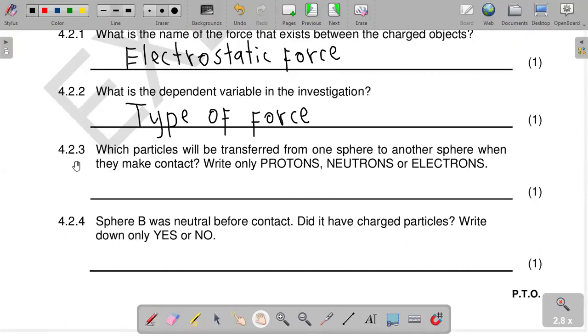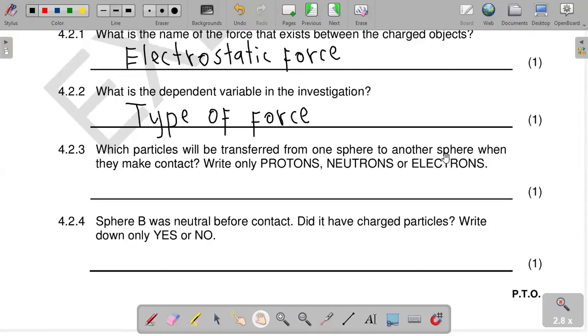And then 4.2.3, which particles will be transferred from one sphere to another sphere when they are in contact? Only protons, neutrons, or electrons. I told you in lesson 1 that it is only electrons. Only electrons can be transferred because the neutrons and the protons are at the center of the nucleus and they don't move.